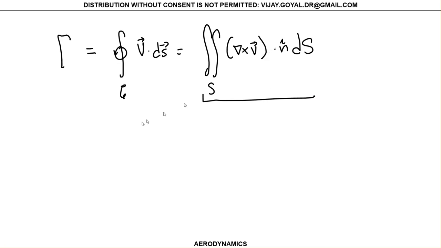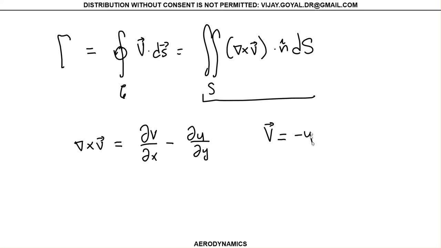So this side, you know that in the z, because this is x and y, so this is actually equal to partial of v respect to x minus partial of u respect to y. And your problem really said your velocity field was minus y v infinite i plus x v infinite j. So if I take the partial of this respect to x, I get v infinite. Partial respect to y, I get minus v infinite.